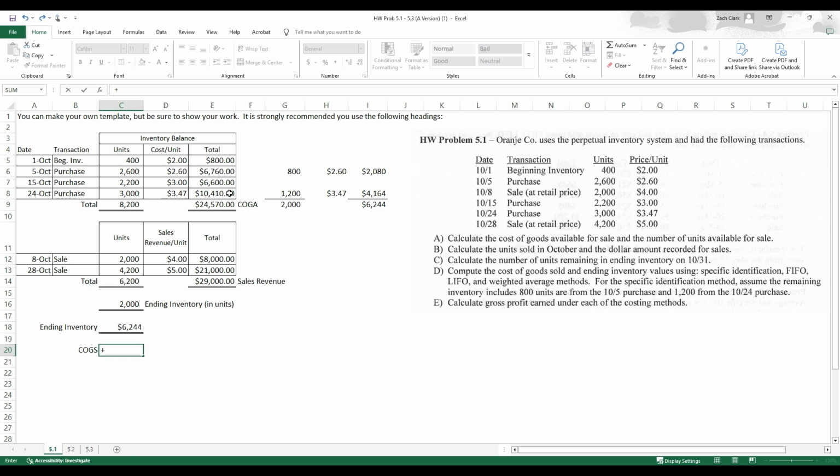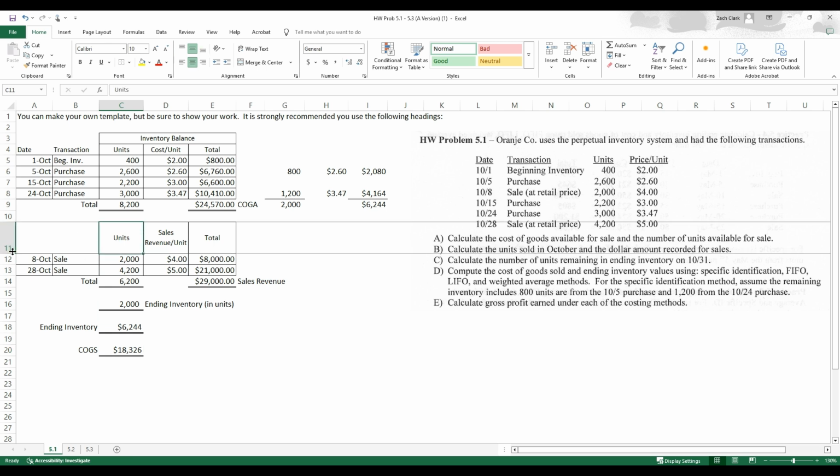And then to get our cost of goods sold, it's just what we could have sold minus what's still left over. So cost of goods sold then is 18,326. That's what I get there.